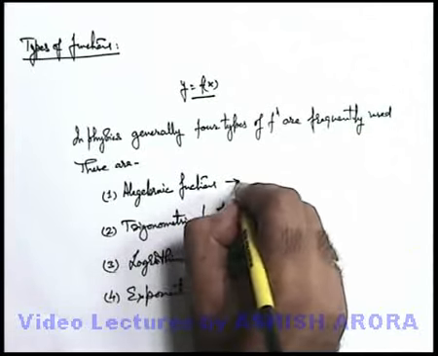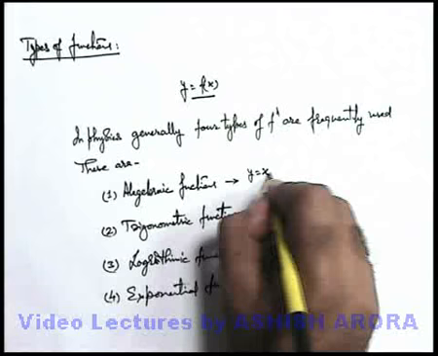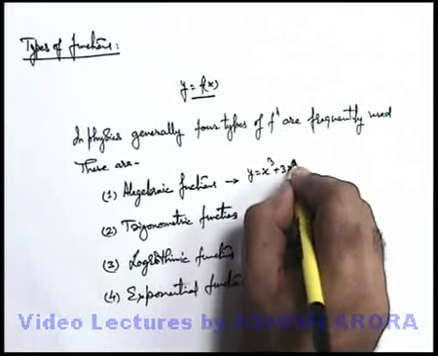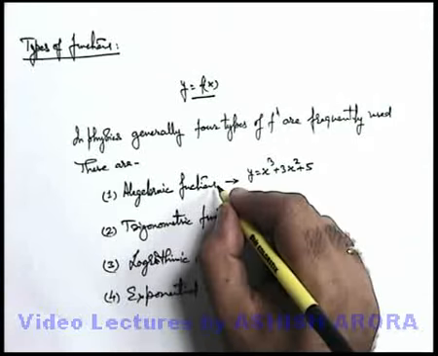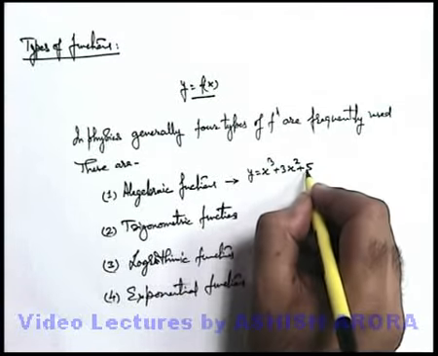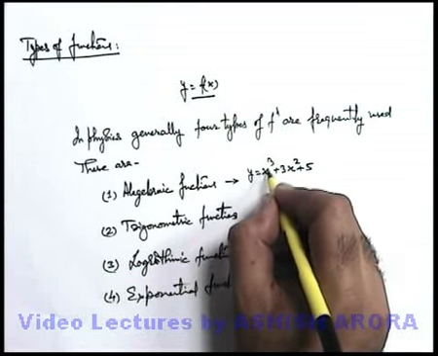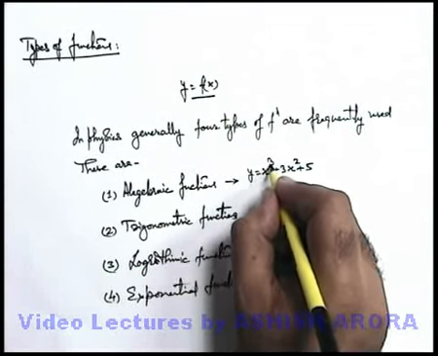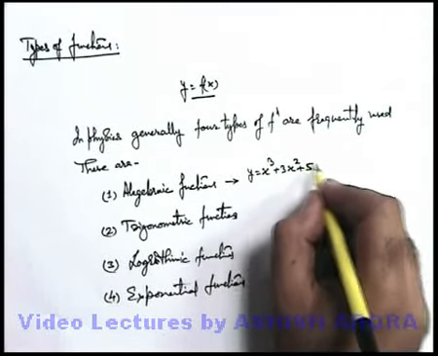Algebraic functions are generally the normal polynomial functions like y is equal to x cube plus 3x square plus 5. In general polynomials or algebraic functions, we consider those functions or expressions where the powers of the free variable or independent variable are constants. Like here x to power 3, here it is x to power 2.